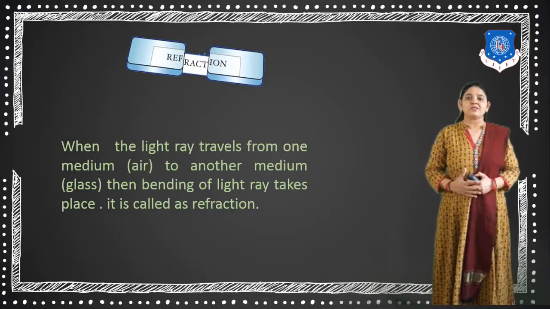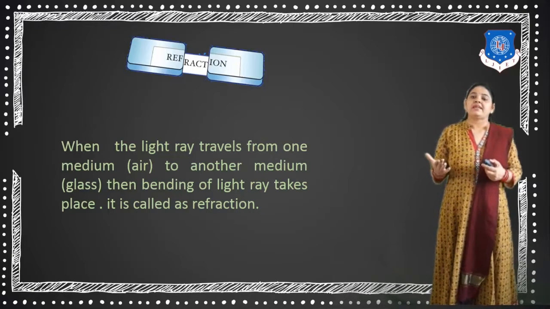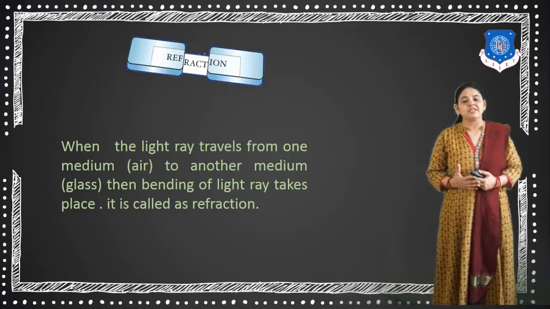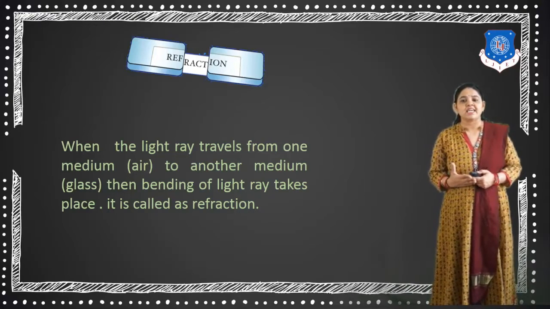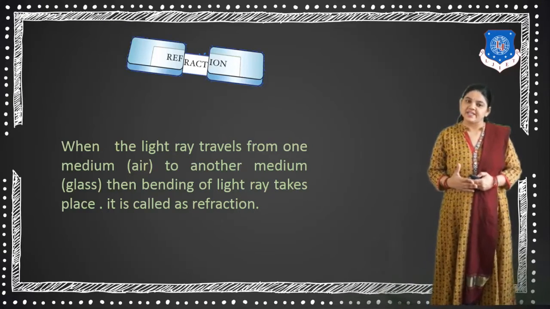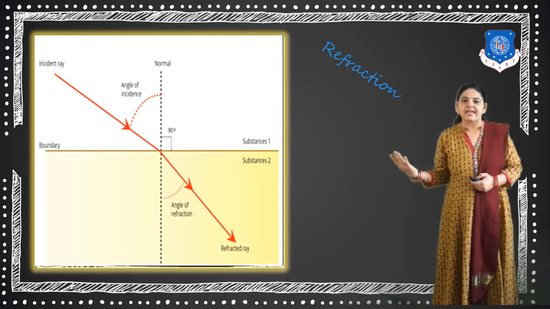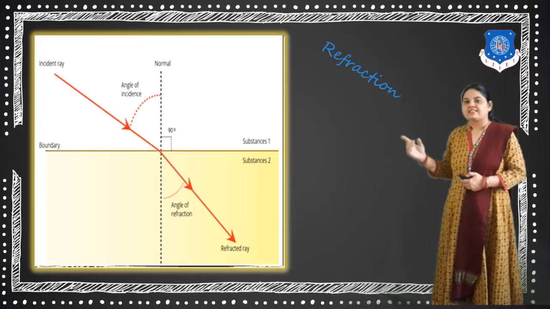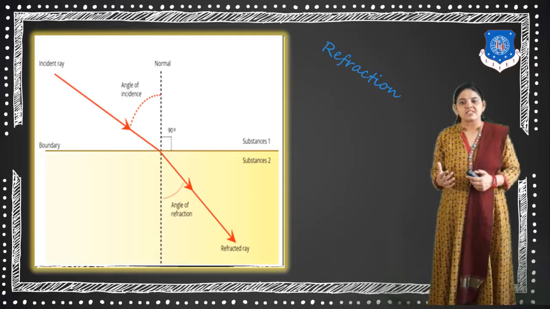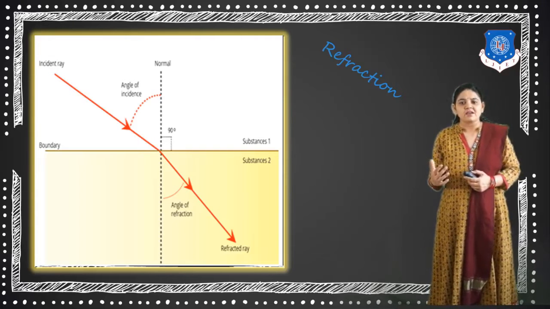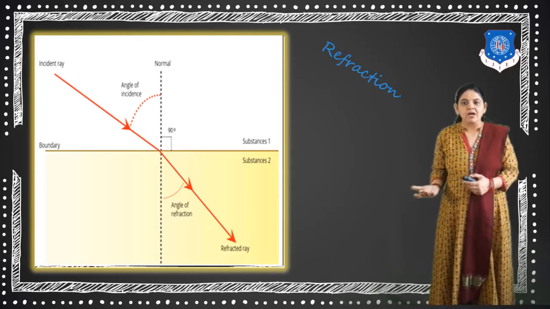So the definition is: when the light ray travels from one medium, that is the air, to another medium, suppose it's glass, then the bending of the light ray takes place and it is referred to as refraction. In the diagram we can see the incident ray passing from medium number 1 to medium number 2.